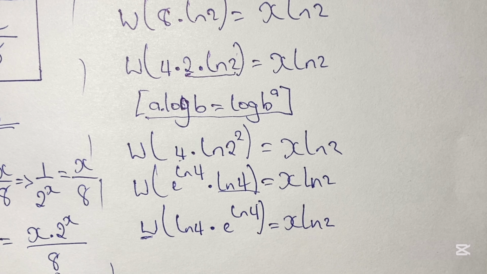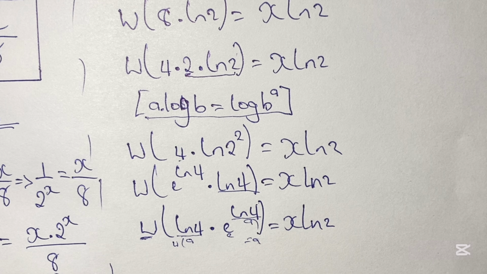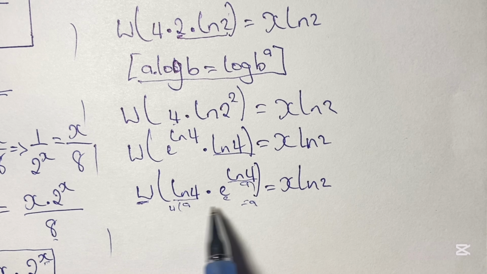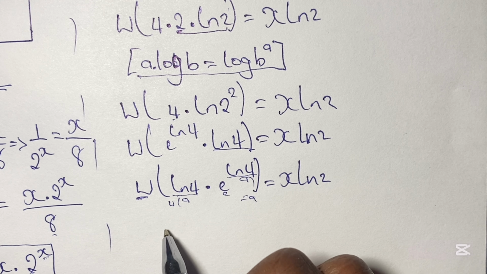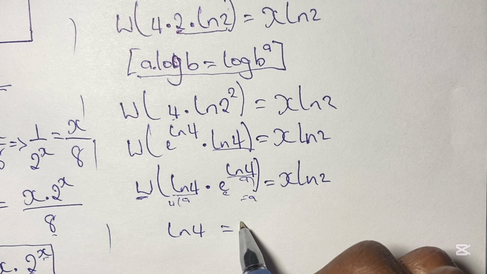We have our W function operating on an expression where we have ln 4, which is a, we have our e, and we also have the power, the same value, a. So we have a times e to the power of a, and we are applying our W function to this expression. Doing this, as we know, our result is just a, which is ln 4. So it is clear that we have ln 4 is equal to x ln 2.